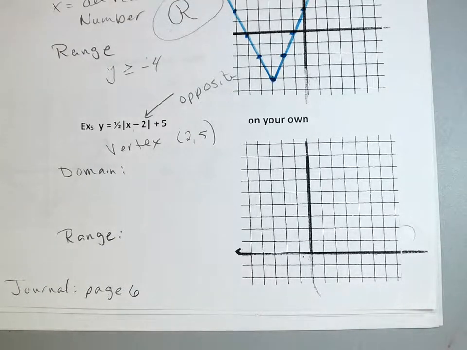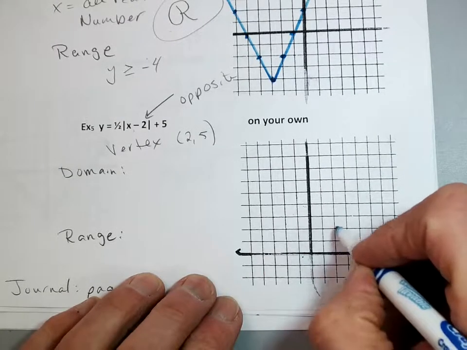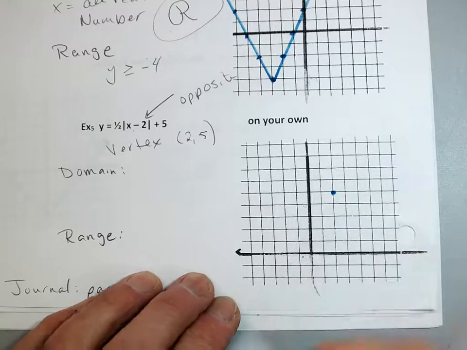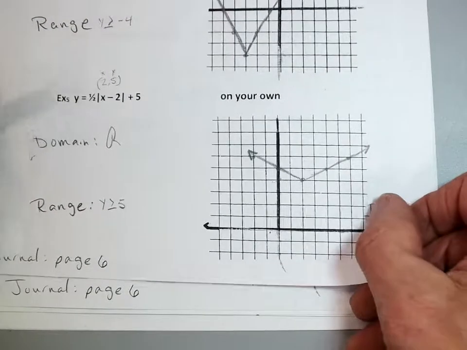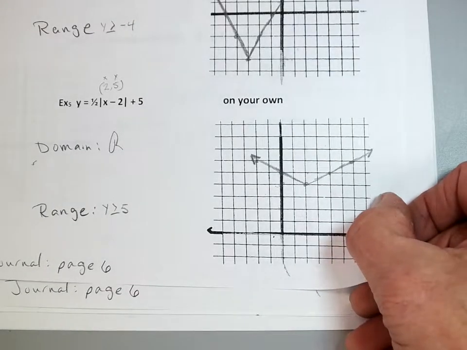Nice job. Okay, everybody okay with positive 2, 5? There's my vertex. Isaac drew his. Nice job, Isaac. Like that. Why is Isaac right?